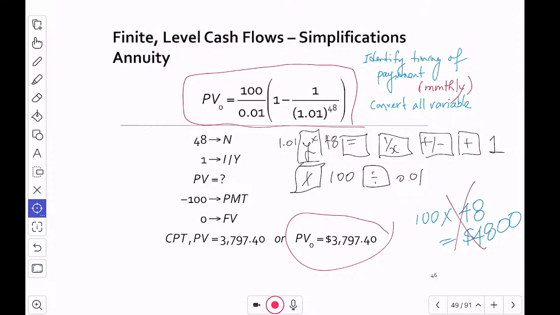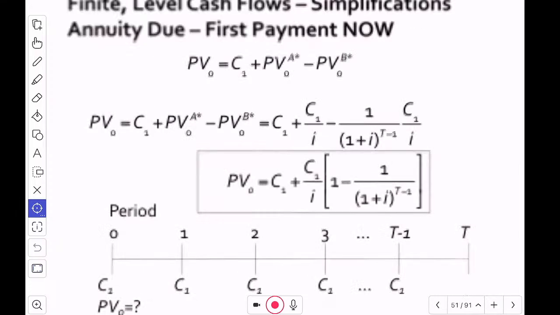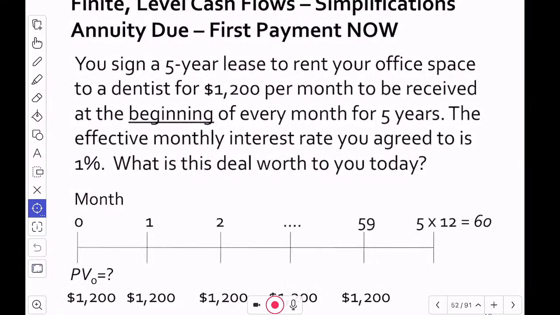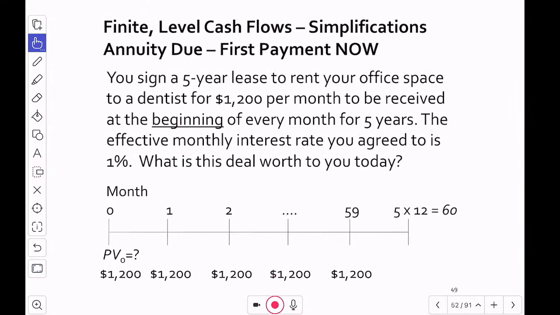Okay. So what if, again, a modification. What if the first payment is now? So this is a situation where, for instance, let's look at this problem here. In renting, you have to pay up front. So you would have to pay your rent, your rental payment, your fee at the beginning of a month.